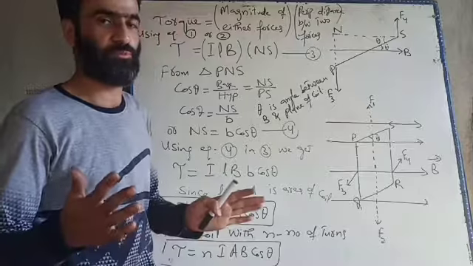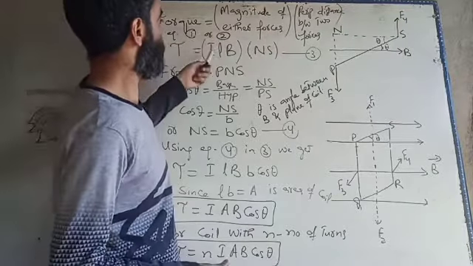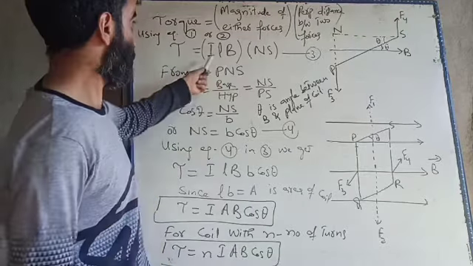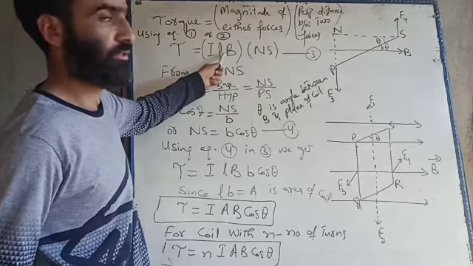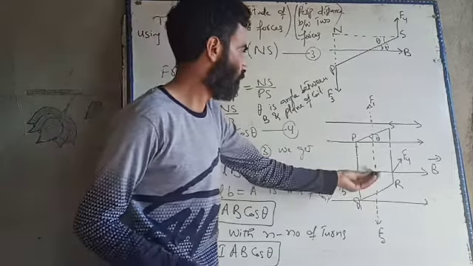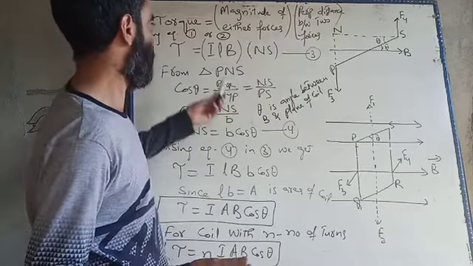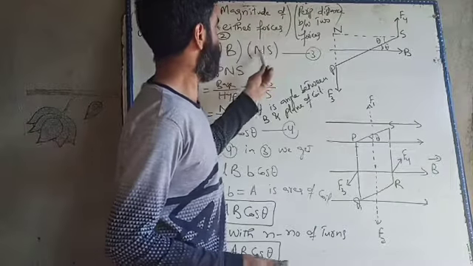Let's calculate it here. The magnitude of either force is given in equation number one or two, only the magnitude, no direction. That equation is ILB, the force F3 or F4 which constituted the torque.